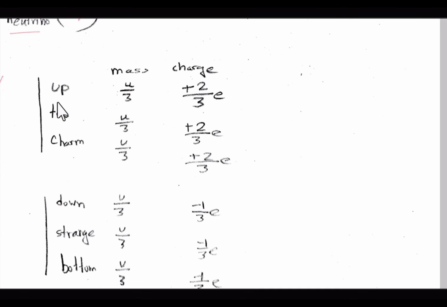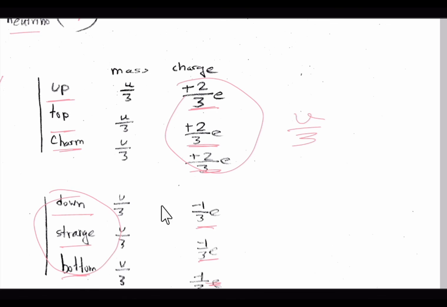Up, top and charm quarks have a charge of +2/3, while down, strange and bottom quarks have a charge of -1/3 e, where e is the elementary charge, and all of them have a mass of u/3, where u is the elementary mass.